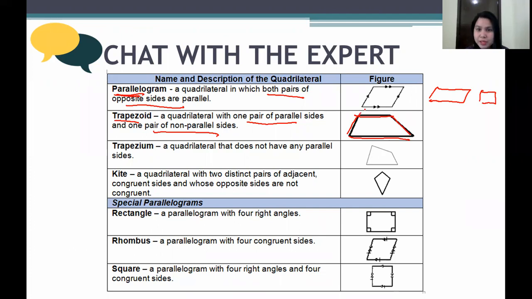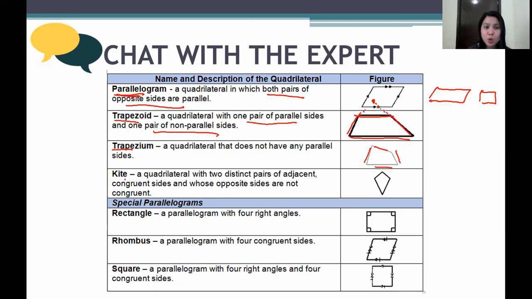Because if you extend them, they will meet at some point. So these two are non-parallel. The next is trapezium. A trapezium does not have any parallel sides. So these two are not parallel. These two are also not parallel.